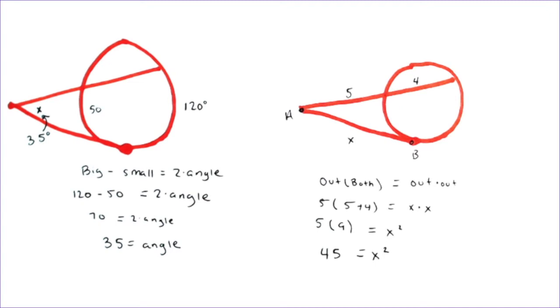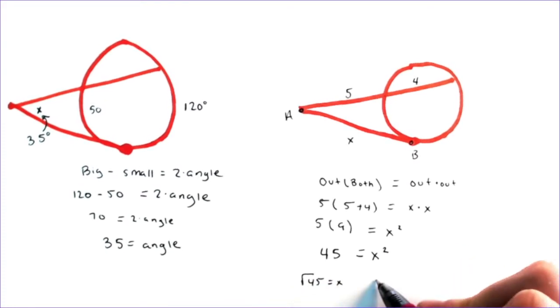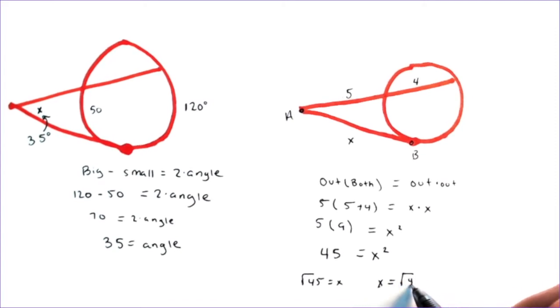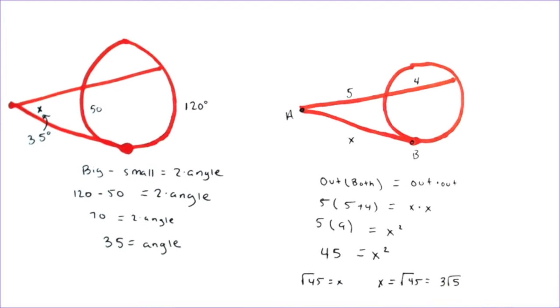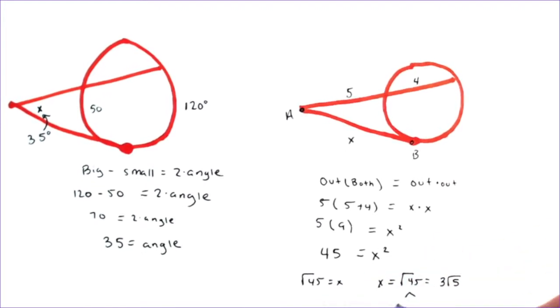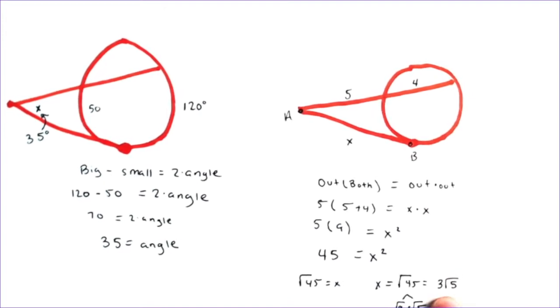And the square root of 45 is one of 3 things. You could either leave it as the square root of 45, you could simplify the square root of 45, which is equivalent to 3 square root of 5, and that would be because the 45 is really the square root of 9 times the square root of 5, and the square root of 9 is 3.